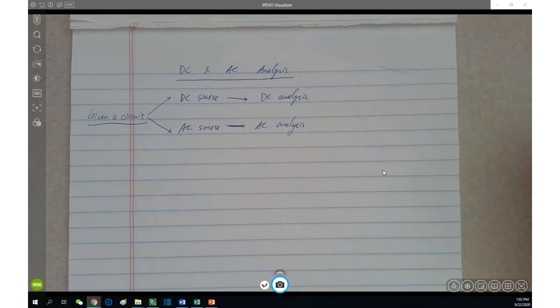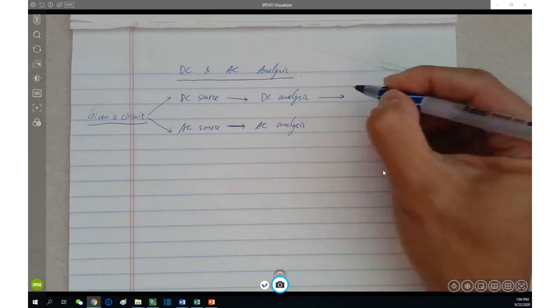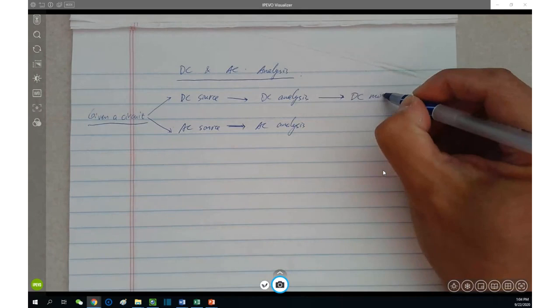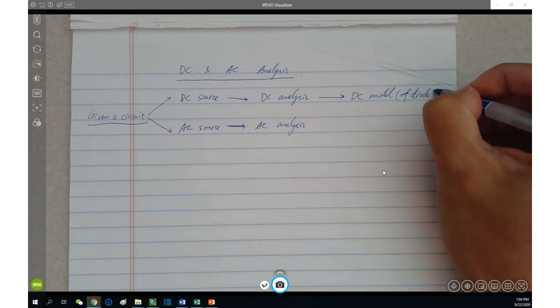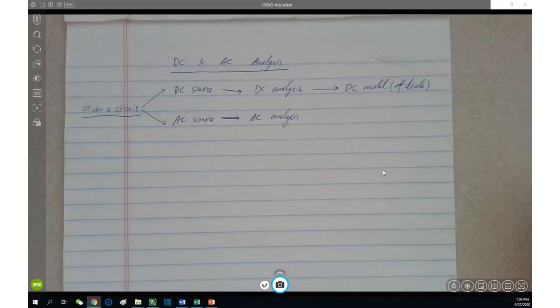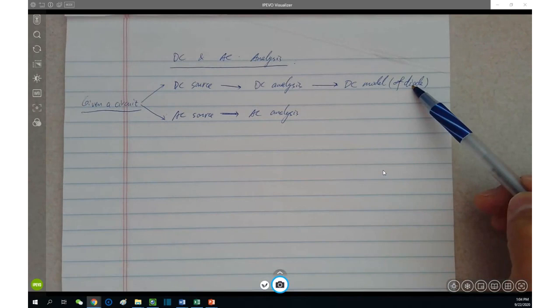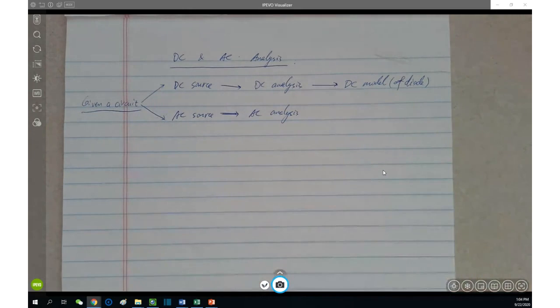Sounds very natural, right? And for DC analysis, you have a DC model of the diode. Of course, in later modules, we will see the DC models of the transistors. However, this overall idea remains the same.